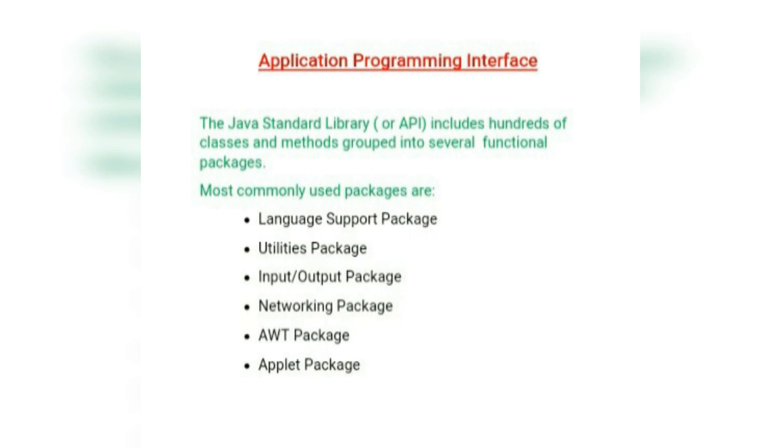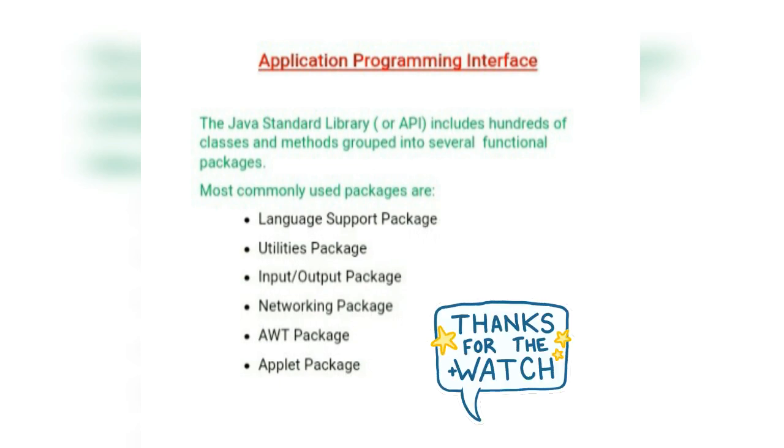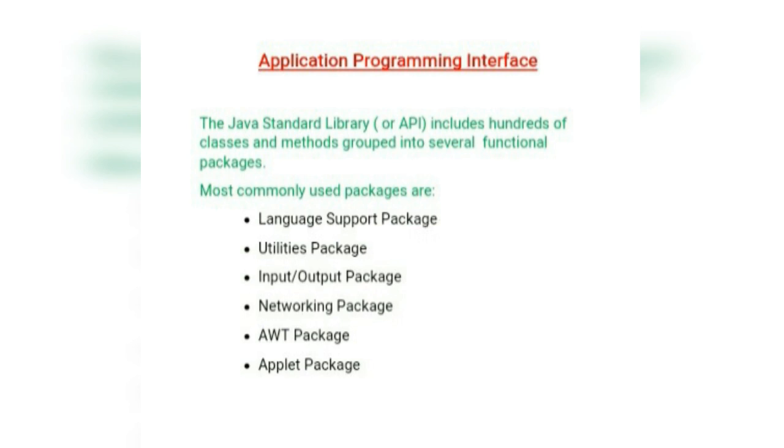Then the networking package, a collection of classes for communicating with other computers via the internet. Then the AWT package, that is the Abstract Window Toolkit package, which contains classes that implement platform independent graphical user interfaces.